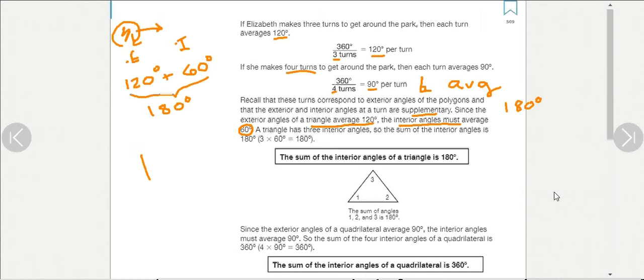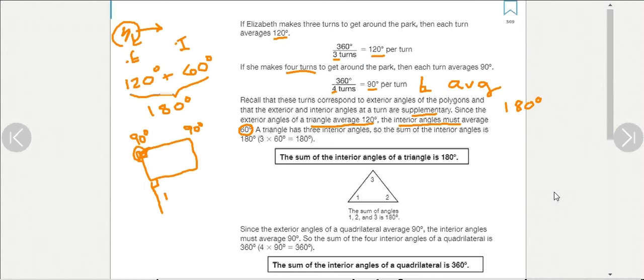Versus the quadrilateral, we averaged on the outside, what was it? 90 degrees on each turn. I guess the best way to illustrate that is if I go like this and I made it a straight line, what would this be?